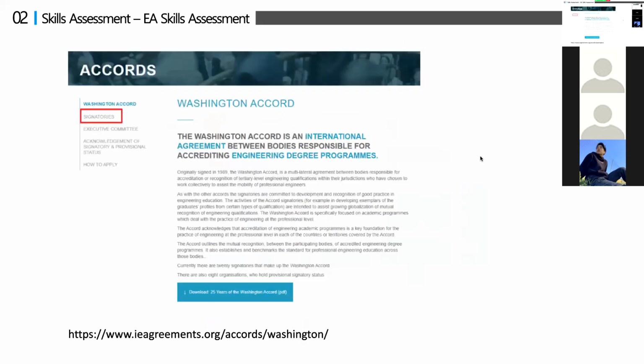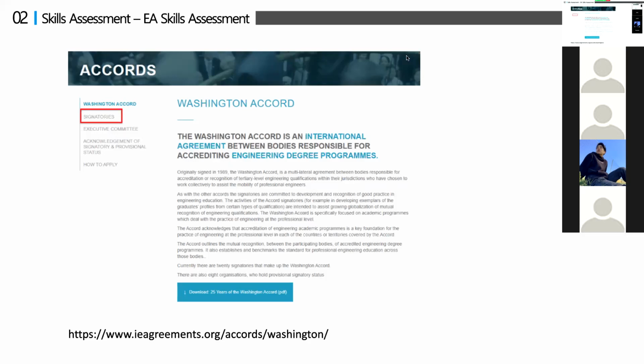So the Washington Accord is kind of a curriculum, to make it simple. It is designed by the engineering association, and they share all the foundation knowledge and skills. So if a university offers a course based on the Washington Accord, their curriculum, teaching knowledge and skills are similar.